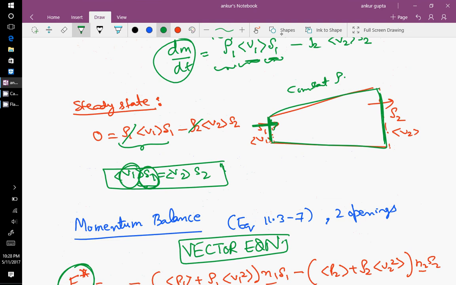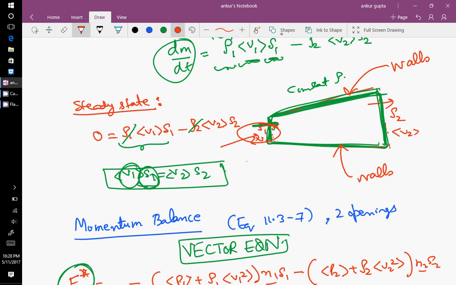For instance, we had a control volume of the whole pipe here, so expanding pipe, right? In this control volume, there are some open surfaces and there are some walls. So for instance, the side here, both are walls, and this here is opening. Opening can either be inlet or can be outlet.